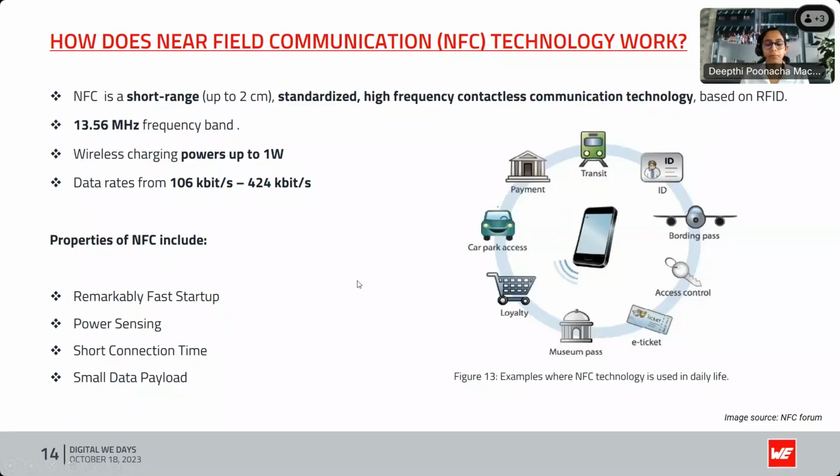The frequency band, as you can see, is much higher than wireless power transfer, and it can charge up to only 1 watt. The data rates under near field communication are between 106 kilobits per second and 424 kilobits per second, which is already a lot more than the wireless power data rates.